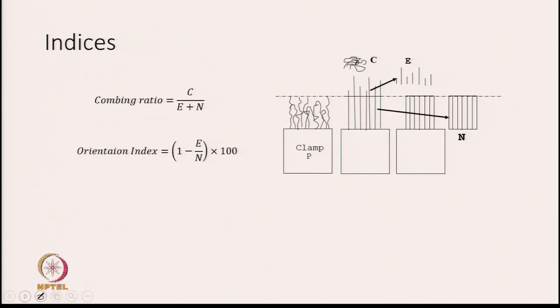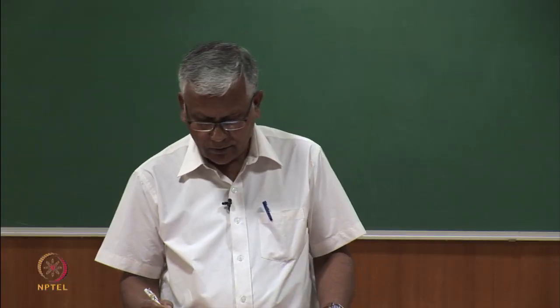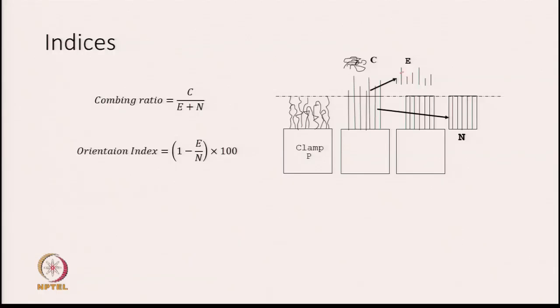So, the fibers which were here have now been classified into 3 groups: fiber C which are loose and combed out, fiber E which extended beyond the cutting edge, and fibers N which are in between the cutting edge and the clamp.